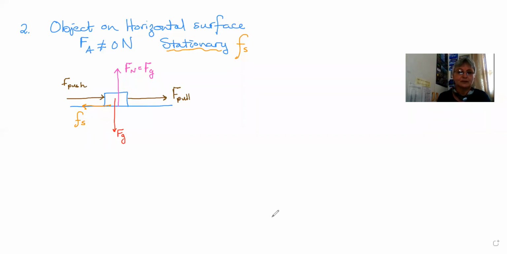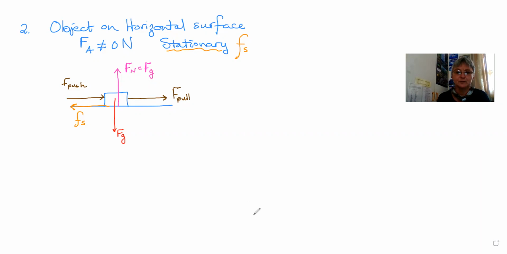My arrow is not completely correct though. If the object is not moving, the horizontal pulling force or pushing force would be kept in equilibrium by the static force. So the arrow for the static force should be more or less the same length as the arrow for the pushing force or the pulling force.